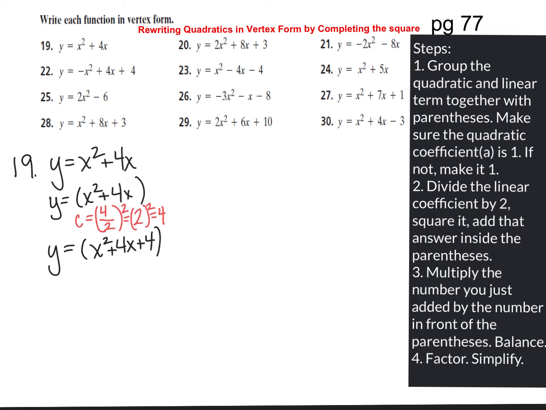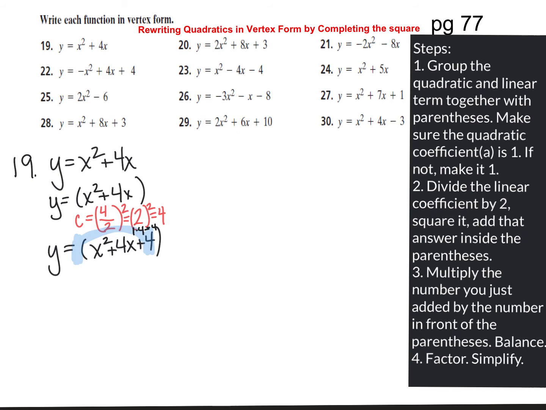The next thing that we did was check this outside coefficient, if we have one, and this one. We didn't necessarily check them, but we multiplied these two. 1 times 4 in this case. So 1 times 4 is 4.